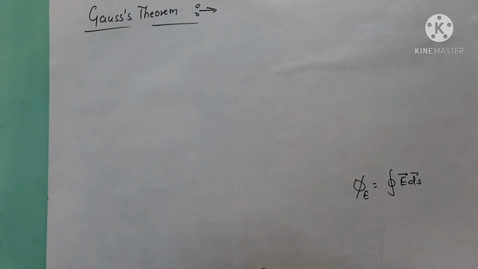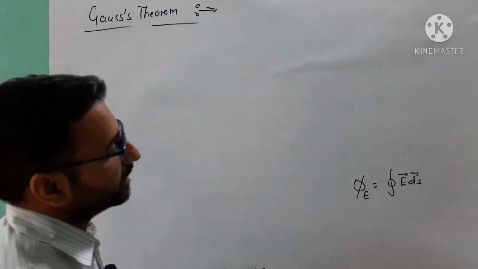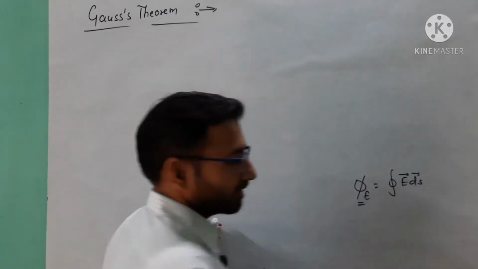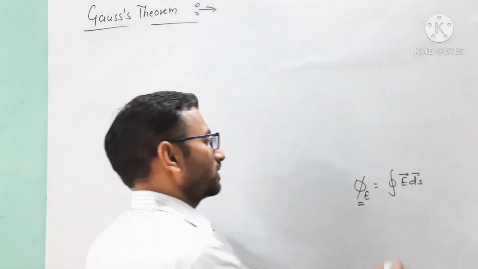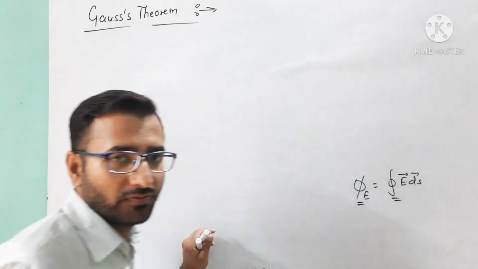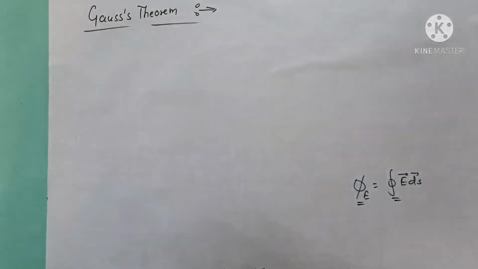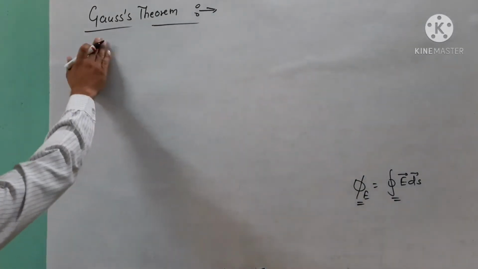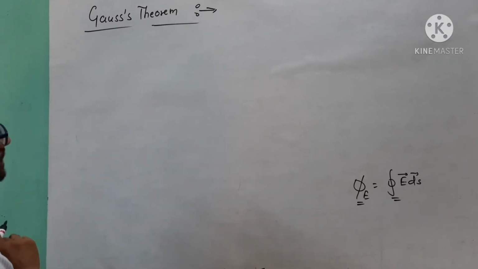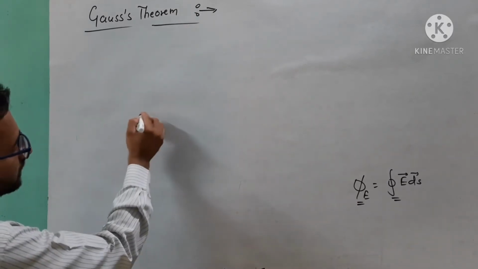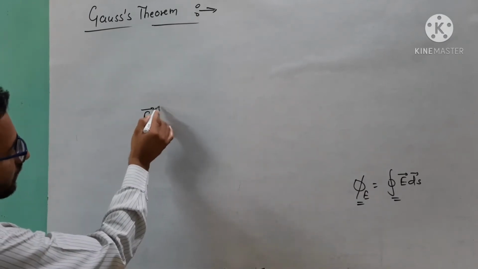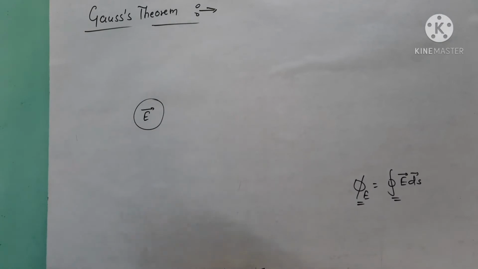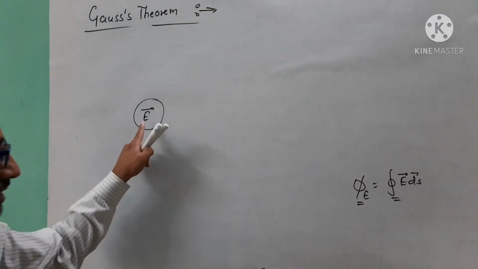See here, we can express the Gauss theorem in two ways. Either you can explain it by the electric flux directly, or you can explain it by the surface integral definition. So I will write the electric flux, Gauss theorem. Before understanding it, first I want to explain once again the electric field. This electric field is generated by the charge.